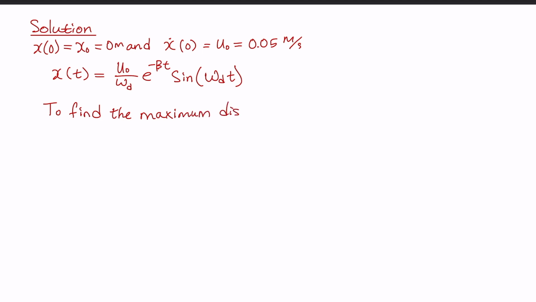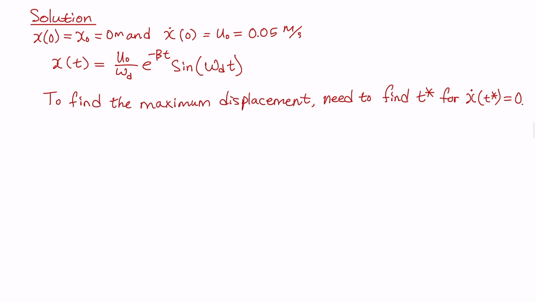So we need to find, let's say t star, for the case where x dot of t star is equal to 0. So we need to find that time where the velocity is 0. From here, let's go ahead and compute the velocity. We're going to take a time derivative of the displacement to do so.